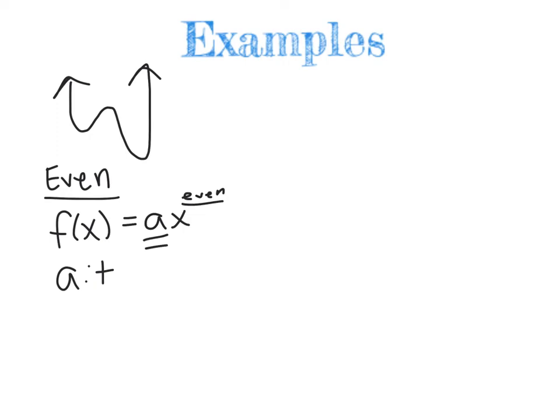Let's look at another one. Let's say we have something like this. What is the degree of this polynomial? Well, notice how the arrows are not pointing in the same direction as we did here.